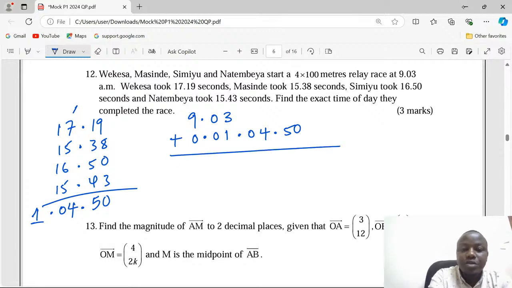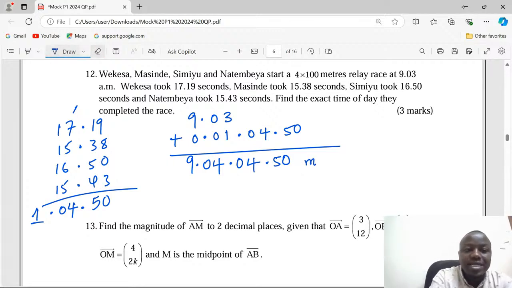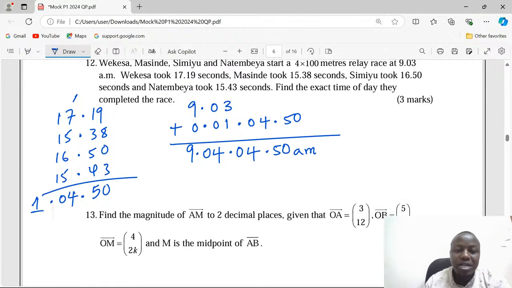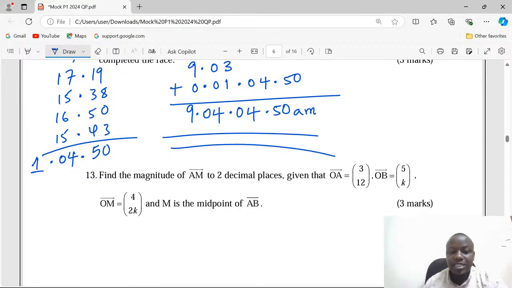Therefore, this is going to give us 9:04:50 a.m. So this will be the time the race is going to end. This is the time they shall complete the race the same day. So that is the time they completed the race.